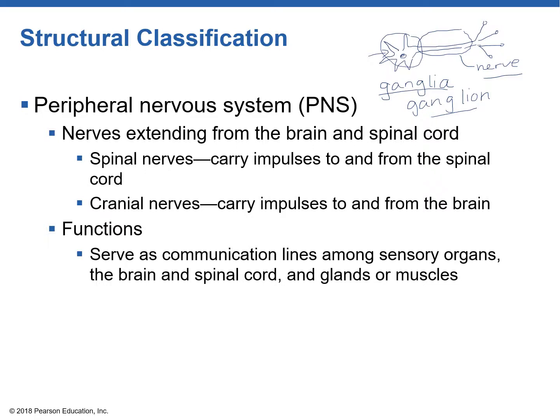So the spinal nerves are going to carry impulses to and from the spinal cord, and then cranial nerves are going to carry impulses to and from the brain. And functions, of course, going to serve as communication lines among sensory organs, the brain and spinal cord, and glands or muscles.